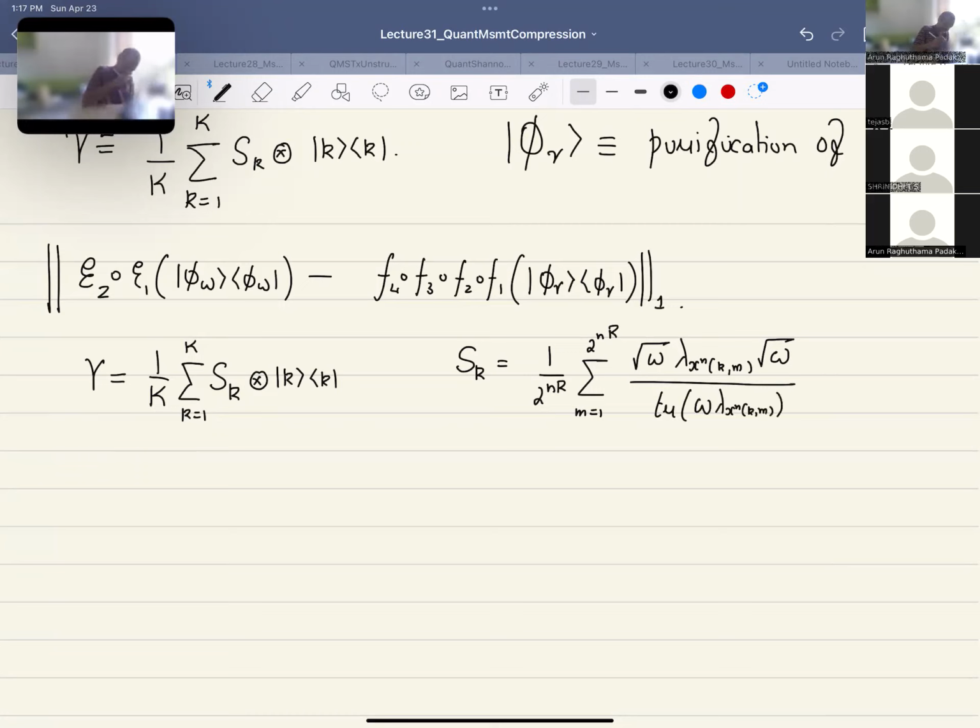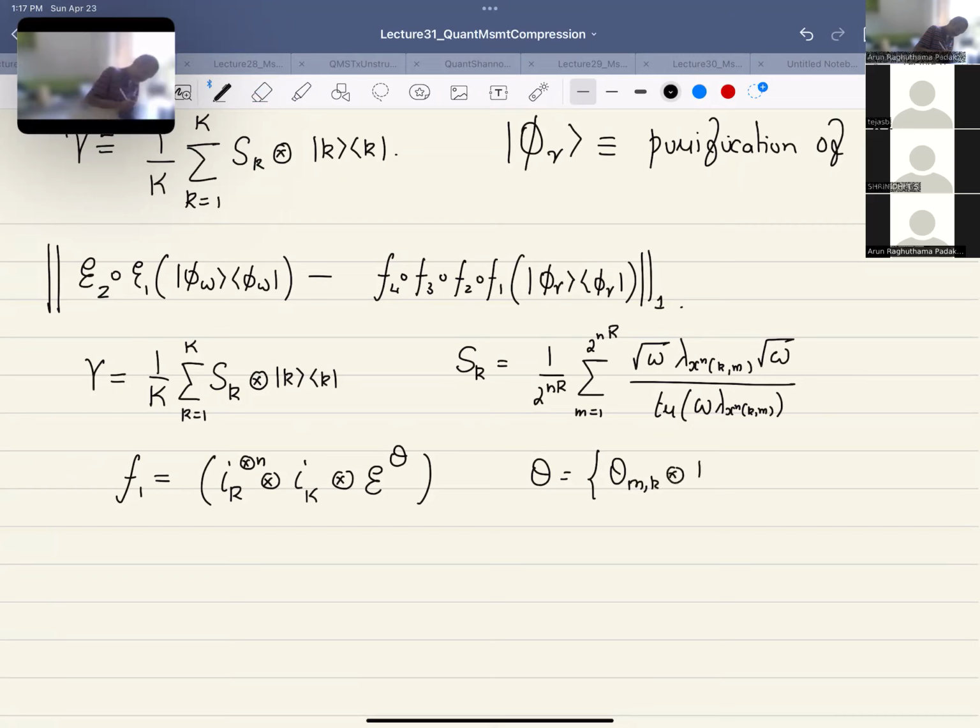Okay, so this is what it is. And what is F1? F1 is essentially IR, the particle space, and the public coins of the particle space, E theta. This is your F1. And what is theta? Theta is given by theta mk tensor kk, and I'm not going to write theta again.